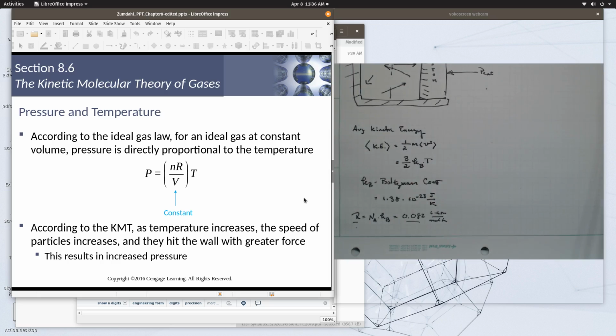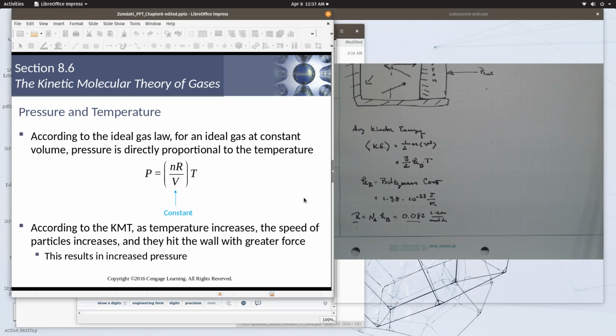As the temperature increases, the speed of the particle is increased. You hit the wall with greater force, and the result is increased pressure. An easy way to demonstrate this is to have everybody in the classroom put on blindfolds and start running around randomly, and run around slowly, and then run around very fast, and look at the number of times you hit the wall.